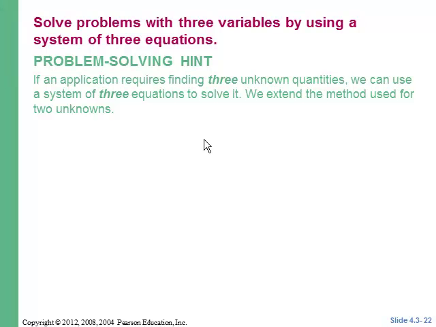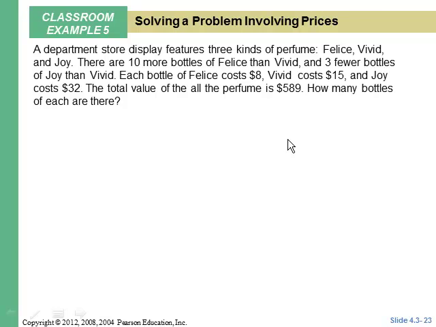3 equations. When you have 3 equations, make sure you put the 3 unknowns in. And here's how it works. A department store features 3 kinds of perfume: Felice, Vivid, and Joy. Those will be our 3 letters. There are 10 more bottles of Felice than Vivid.